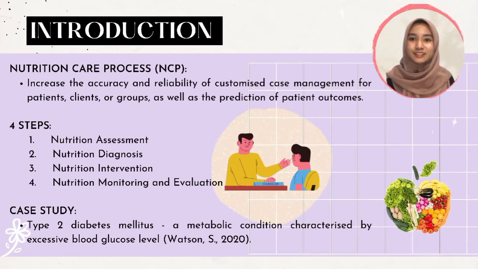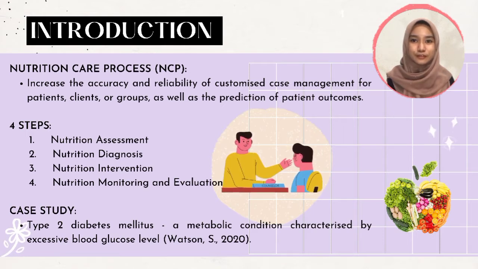Introduction. The nutrition care process, also known as NCP, aims to increase the accuracy and reliability of customized case management for patients, clients, or groups, as well as the prediction of patient outcomes. There are 4 steps involved in the NCP. The first one is nutrition assessment, where the dietitian can obtain much data and information from the patient.